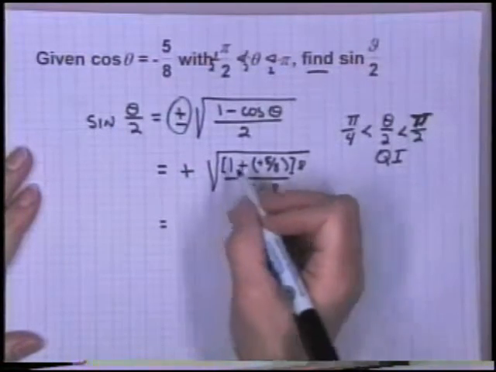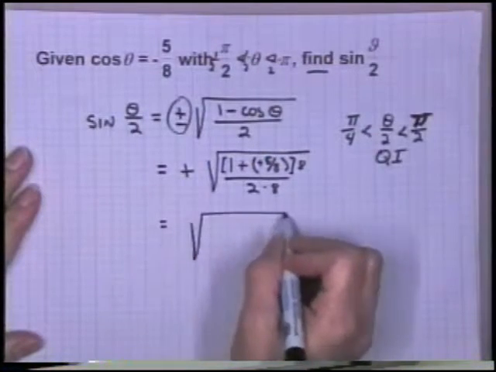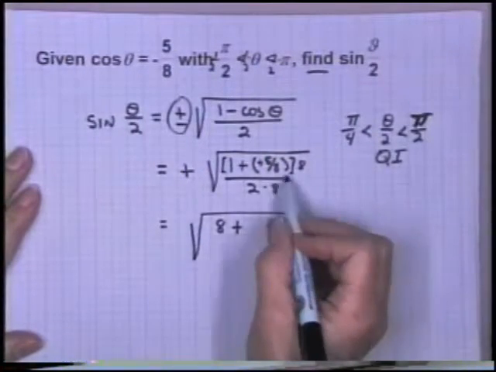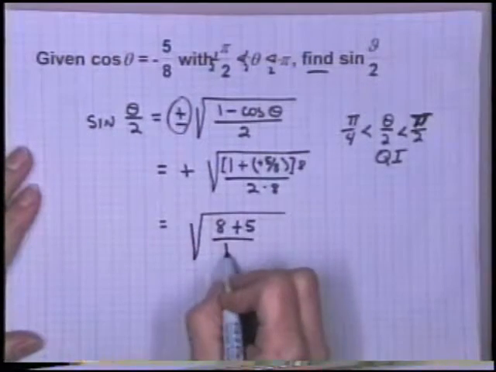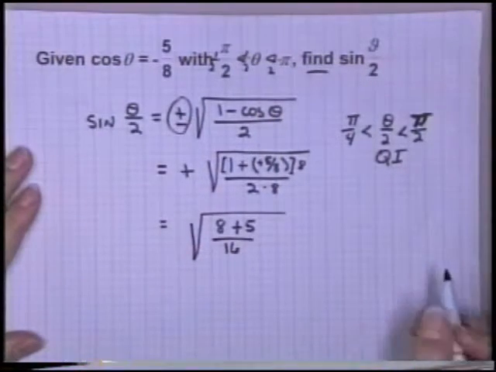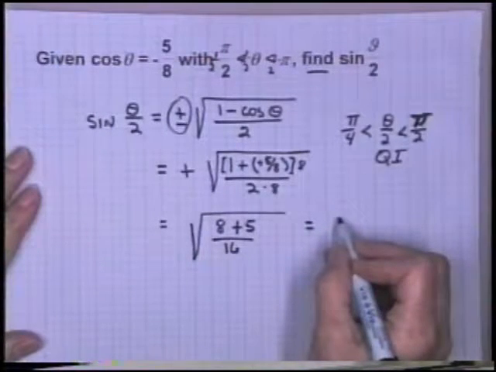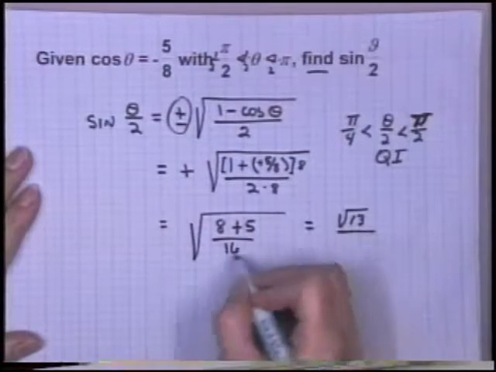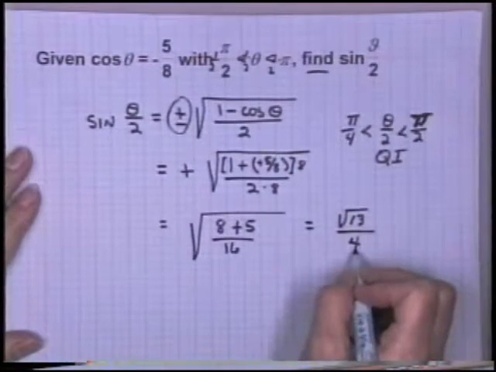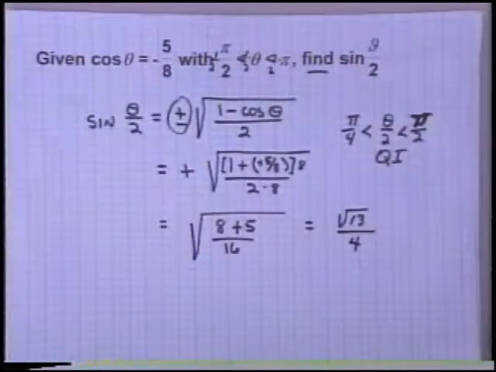Because that's going to clear out this fraction right here, isn't it? 8 times 1 is 8 plus 8 times 5/8 is 5, and 2 times 8 down here is 16. Well, 8 plus 5 is 13, so the numerator is the square root of 13, but notice we can take the square root of the denominator and get 4. So our value of sine theta over 2 is the square root of 13 divided by 4.